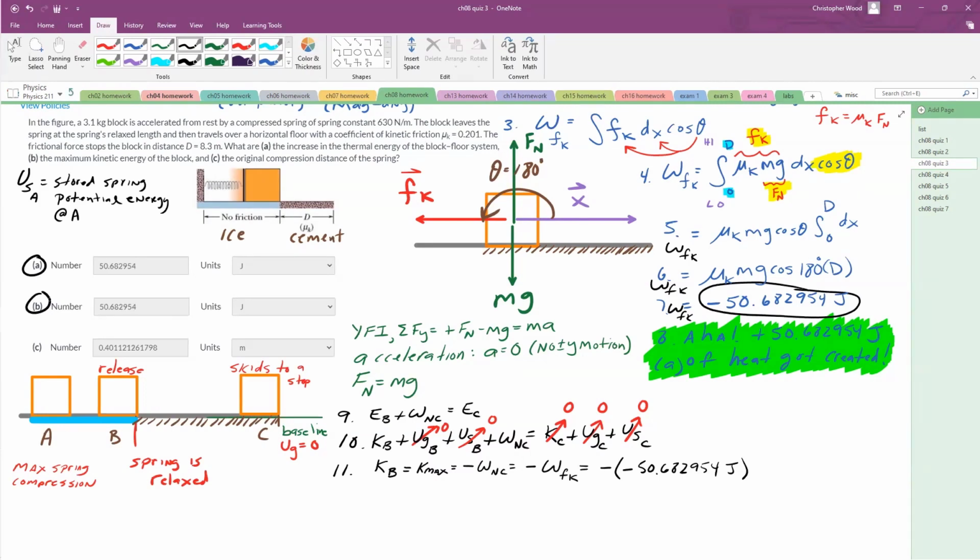Part C. What's the initial compression of the spring? When the box is at that far left side at state A, look at my spring. My spring is going to be completely energized, compressed a lot, like that.